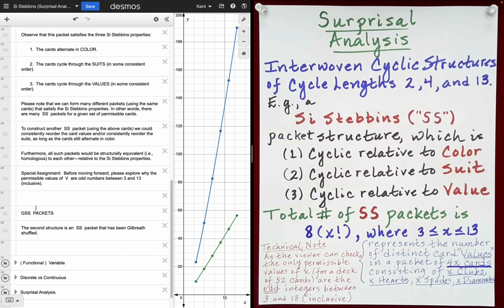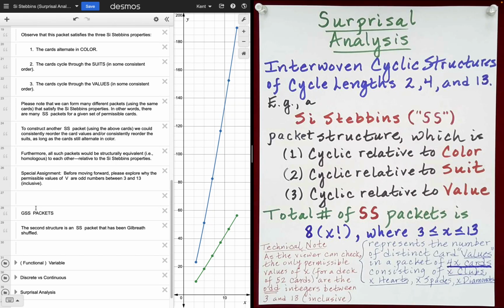Please note that we can form many different packets using the same cards that satisfy the Si Stebbins properties. In other words, there are many SS packets for a given set of permissible cards.